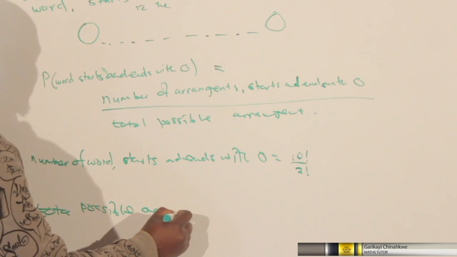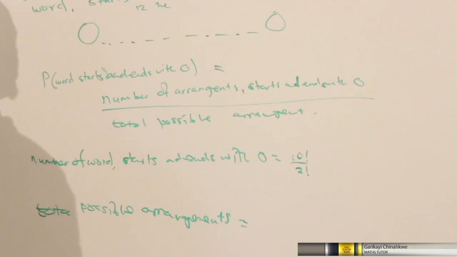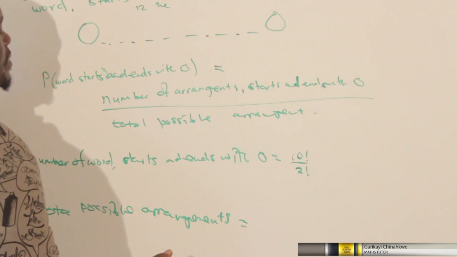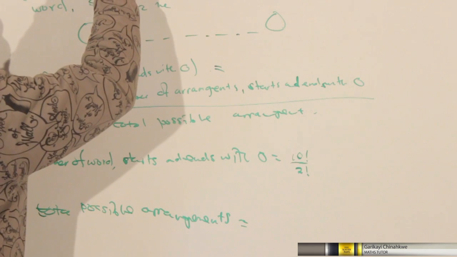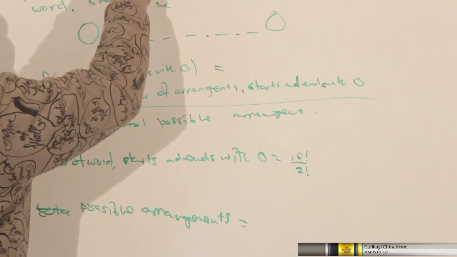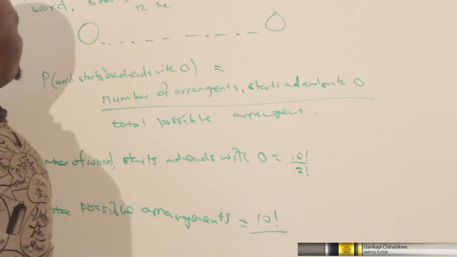Then the total possible arrangements is just going to be given by how many letters the word hippopotamus has. It has 12, so it's 12 factorial. And how many repetitions?